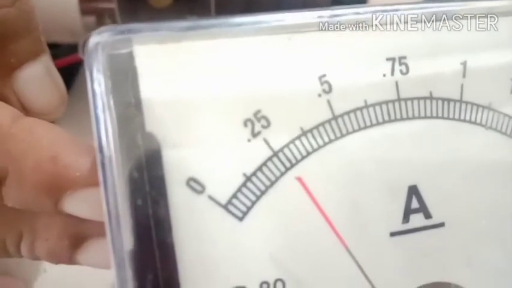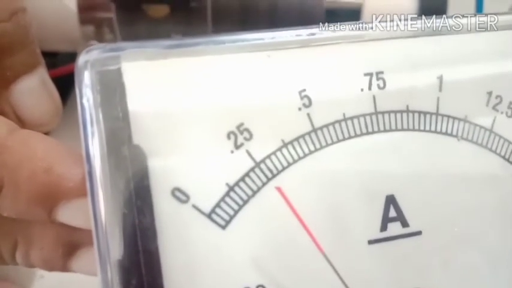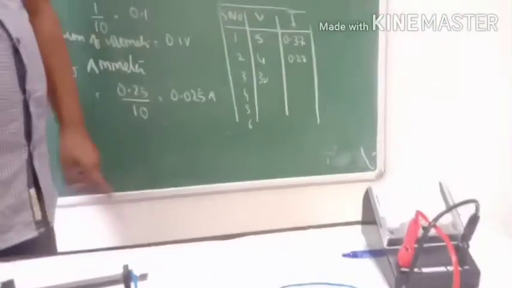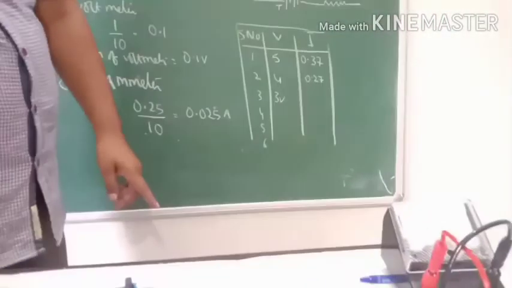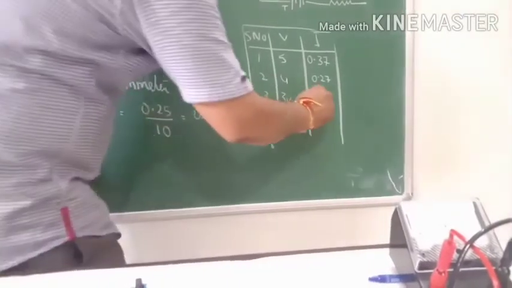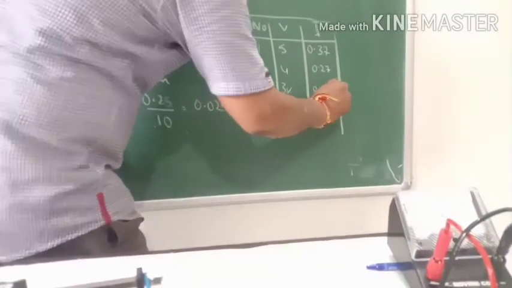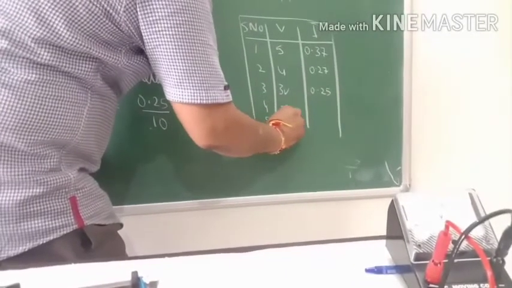Okay, 11, I think so. 12. 11 is coming or 10? It is coming as 10. It means 0.25. We will take 2 volt.